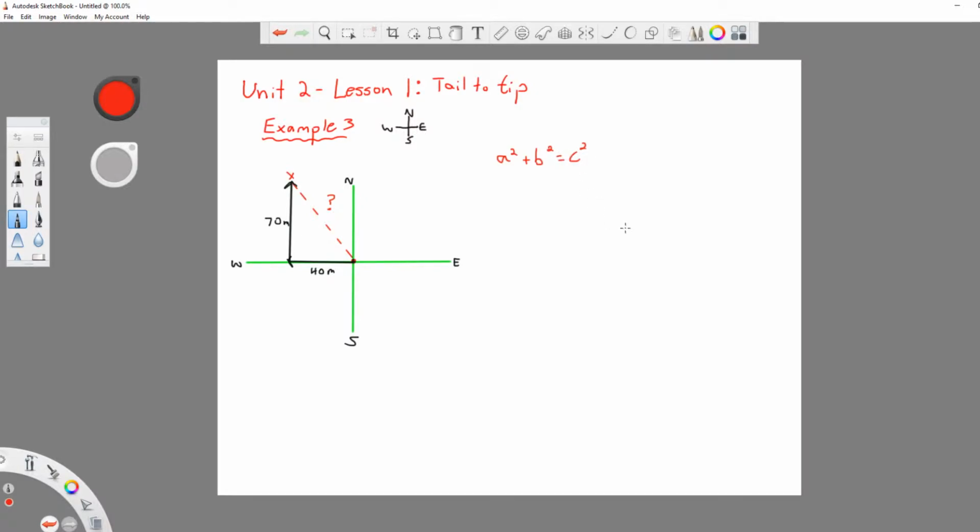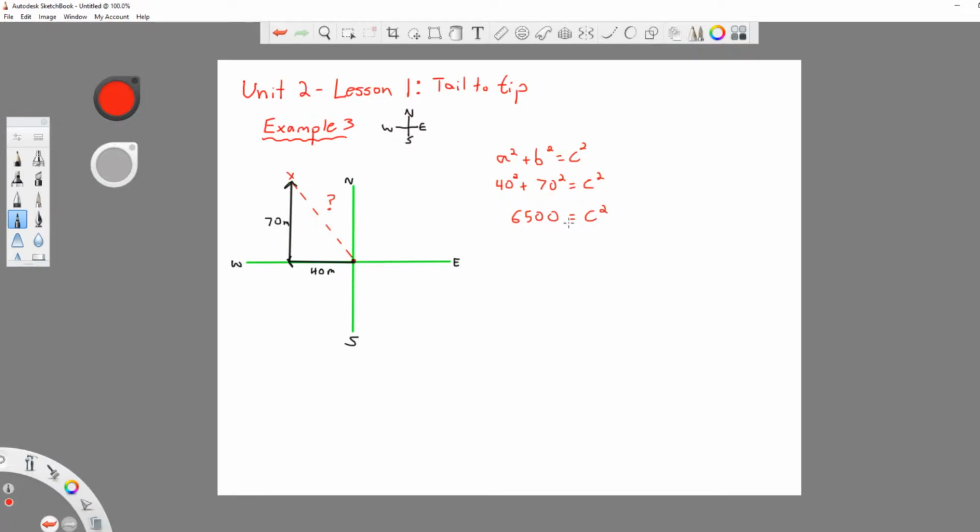Well, we know one side length is 40, so we can say 40 squared plus 70 squared is equal to c squared. I've gone and worked these out a little bit. So we have 6,500 is equal to c squared.